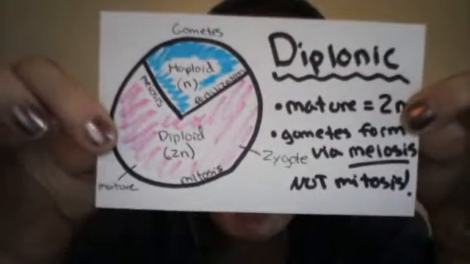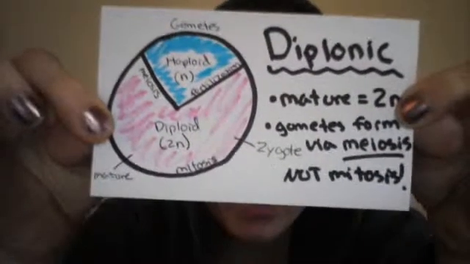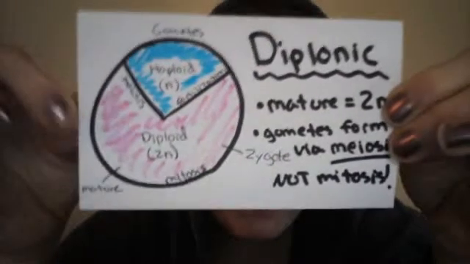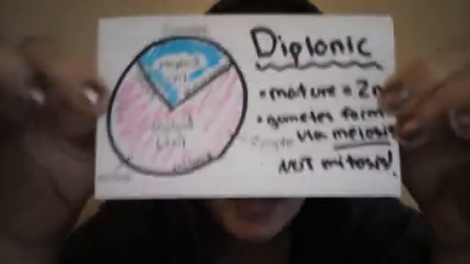How do we get a zygote? A haploid plus a haploid, correct? Equals a diploid. Alright. So, gametes form via meiosis, not mitosis. This is really important because in haplonic and alternation of generations, it's different, okay?